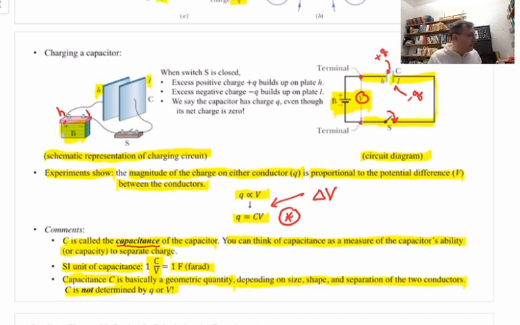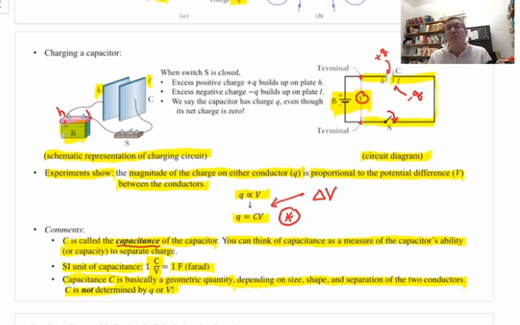Now, the SI unit of capacitance is the farad, but a capacitor with a capacitance of 1 farad, up until not too long ago, would have been unheard of. 1 farad would be thought of as a huge amount of capacitance. What's more common in garden variety capacitors that would be used in electric circuits is to have capacitances of microfarad, 10 to the minus 6 farads, or nanofarads, 10 to the minus 9 farads.